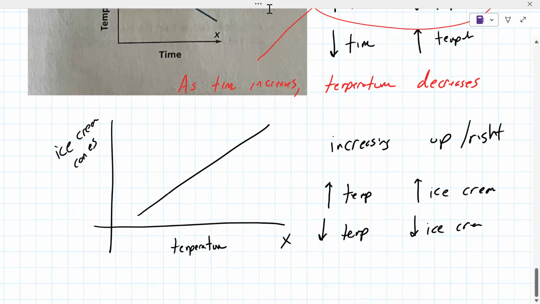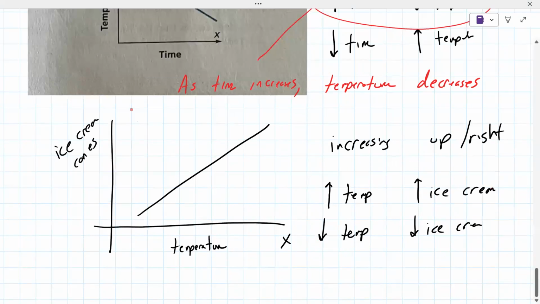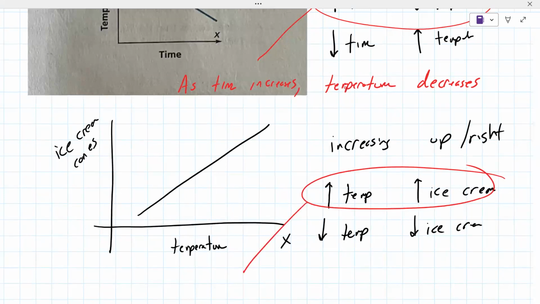Great. So now you can write a sentence. Let's pick the first one. How would you write a sentence, like I did up here in red? What would you say? As temperature increases, ice cream increases.